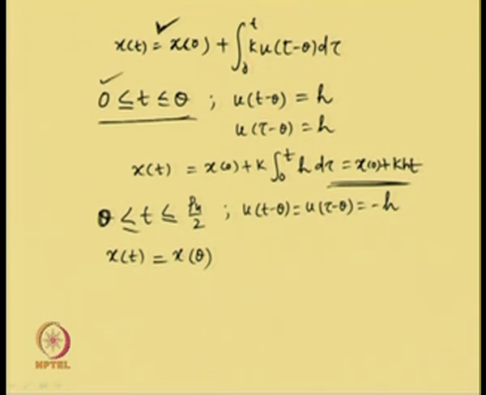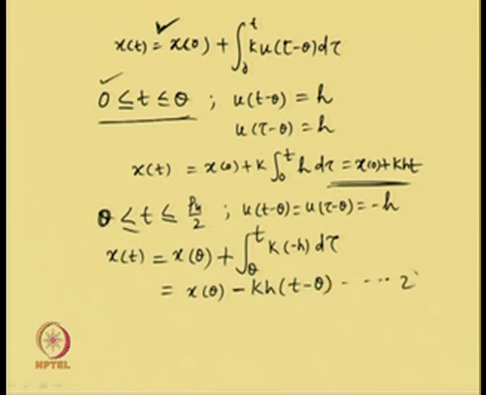So, that way x(t) will become x(θ) + ∫ from θ to t of k(-h) dτ. Then when this is integrated, we will get x(θ) - k h (t - θ). So, let us designate this by the second equation and the first solution by the first equation.